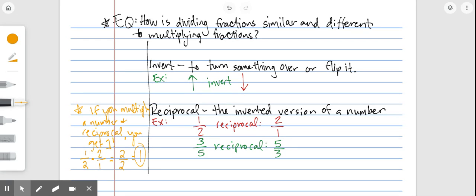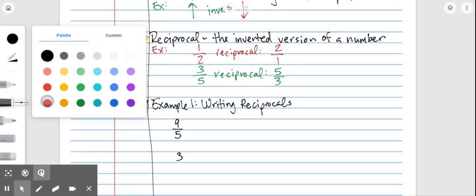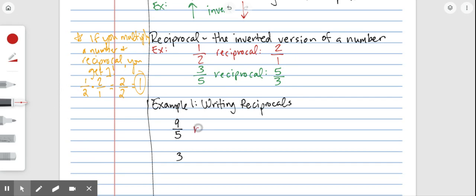Okay, so now we know what it means to invert, what a reciprocal is, and the really cool fact that when you have a reciprocal, you get the number 1. So let's talk about writing reciprocals. Okay, so I'm going to write the reciprocals for 9/5 and for 3. So 9/5, what I'm going to do first is I'm going to write reciprocal. So then I'm going to remember that reciprocal means to invert or to flip.